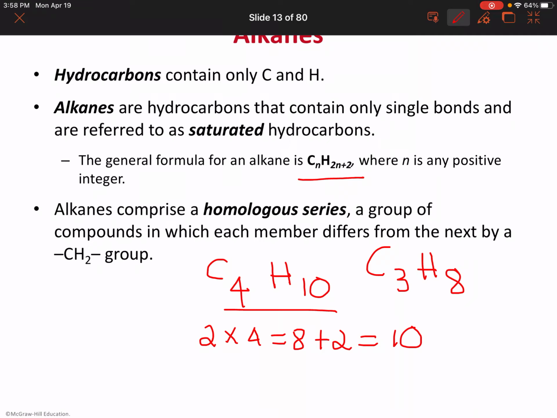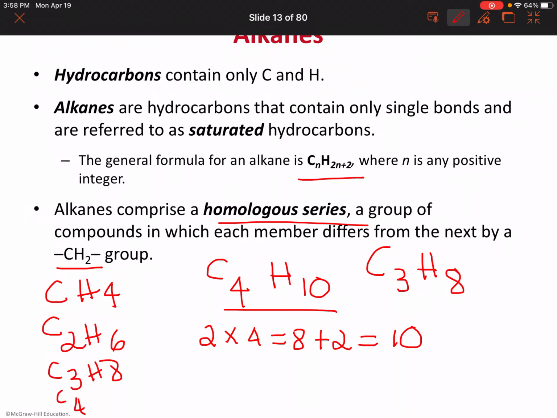Alkanes comprise a homologous series, which is a group of compounds in which each member differs from the next by a CH2 group. For example, if you have only 1 carbon, the number of hydrogens would be 2 times 1, 2, plus 2, CH4. And then the next one would be C2H6. Next one C3H8, then C4H10.